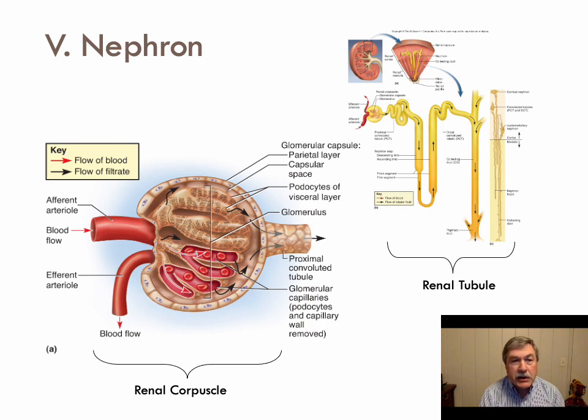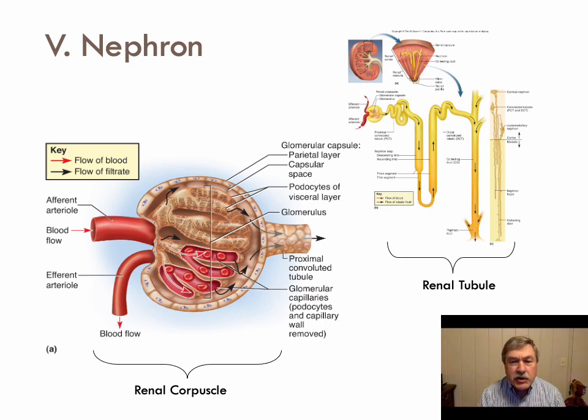The visceral layer is composed of podocytes, which have cytoplasmic extensions that make contact with the capillaries of the glomerulus, and they surround the glomerulus. Adjacent feet of the podocytes, which are called pedicels, have interdigitations, little finger-like processes that interdigitate, just like you can see on my hands, and it leaves very, very thin slits between these interdigitations.